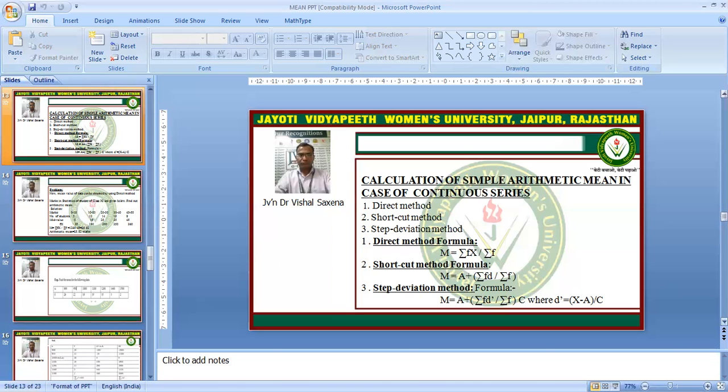And the third method is known as the step deviation method, in which the formula is M is equal to A plus summation f into d dash upon summation f into c, where d dash is the value x minus A upon c. These three methods are for the continuous series, and continuous series is also known as grouped data.